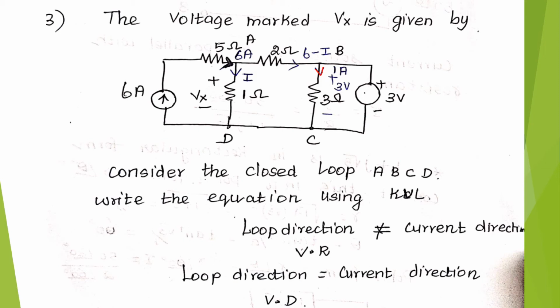In a resistance, current is always flowing from higher potential to lower potential because in a resistance we get voltage drop. Now consider this closed loop and apply Kirchhoff's voltage law.